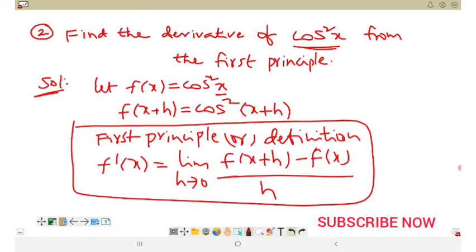Now substitute f of x plus h equals cos square of x plus h, and f of x equals cos square x.